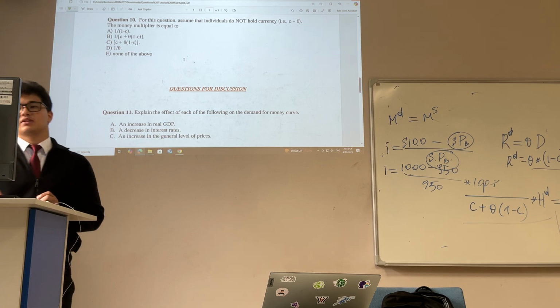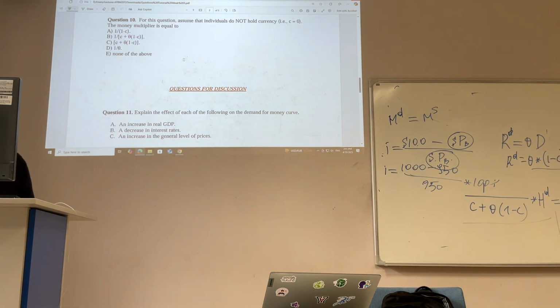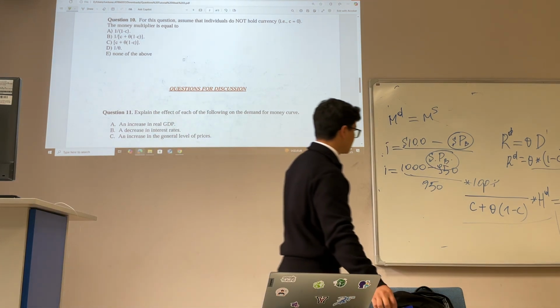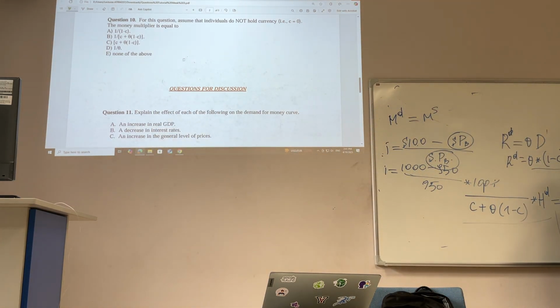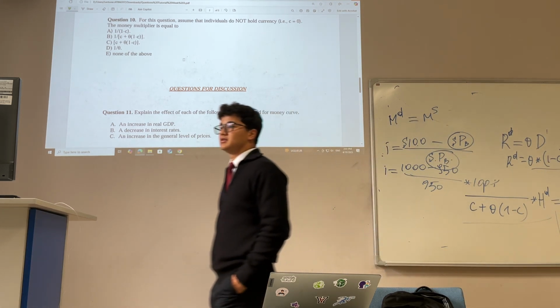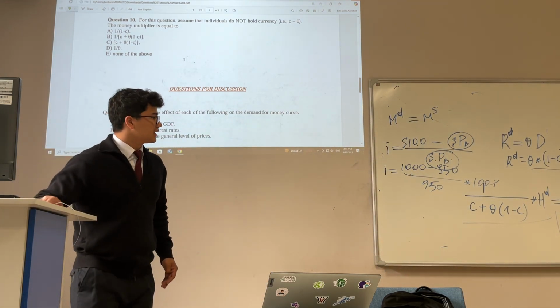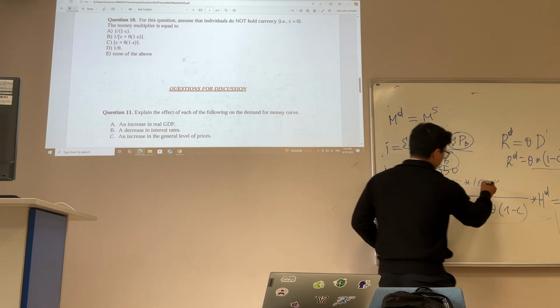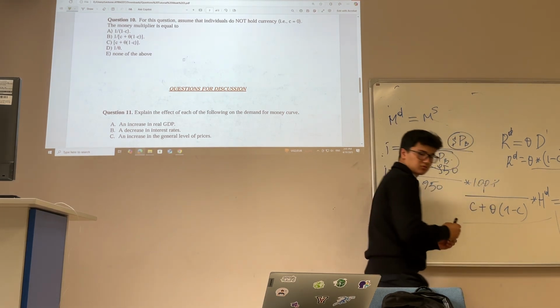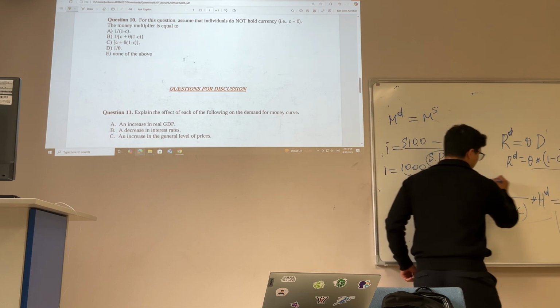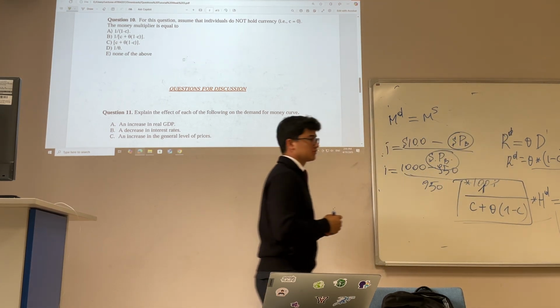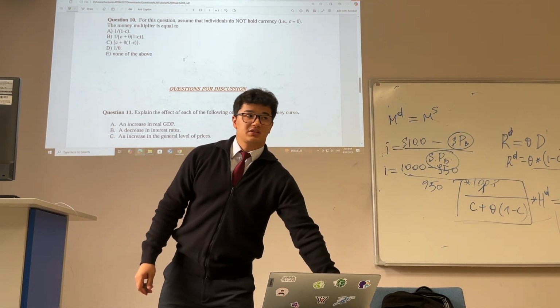So question 10. For this question, assume that individuals do not hold currency. The money multiplier is equal to what? That's, guys, our money multiplier. Here is our one. So C is equal to 0.